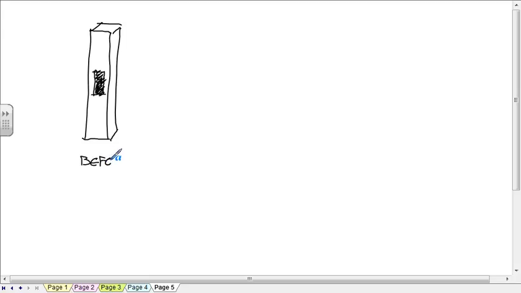Before loading, what was the length of the strip? Okay. So 8.08 millimeters.